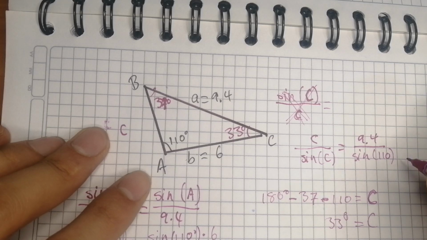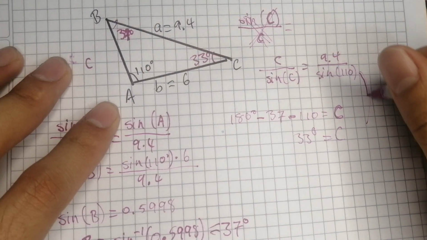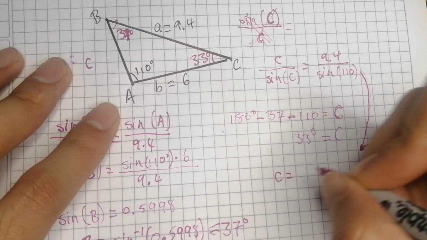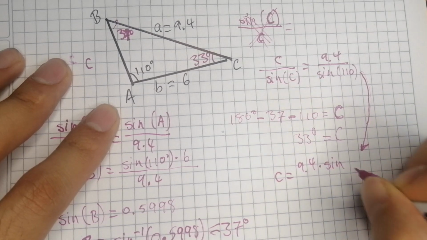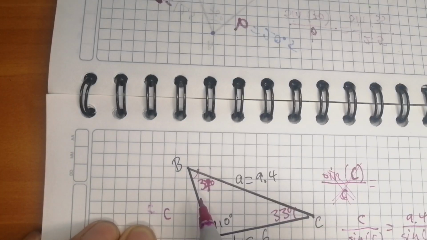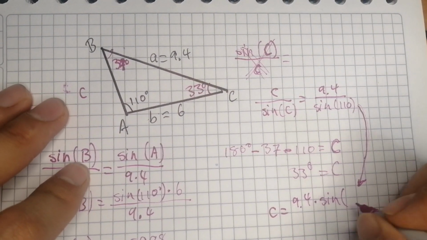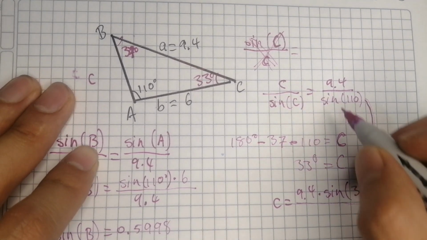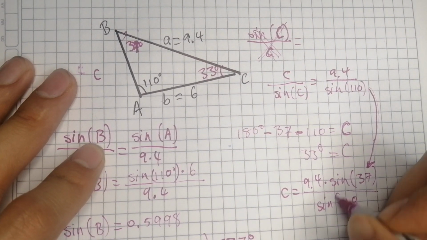Then I clear this stuff. Let's continue a little bit over here. And I have that c is equal to 9.4 times the sine of the angle C, that is 33, we have it here, and all this stuff divided by the sine of 110.